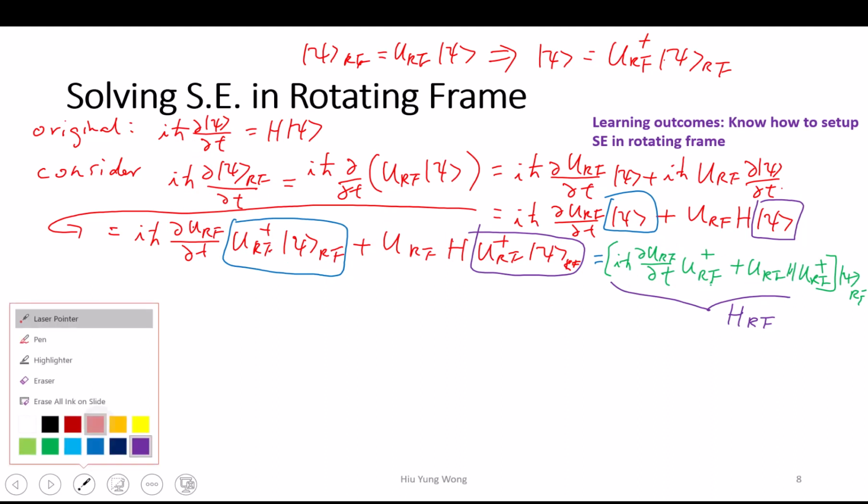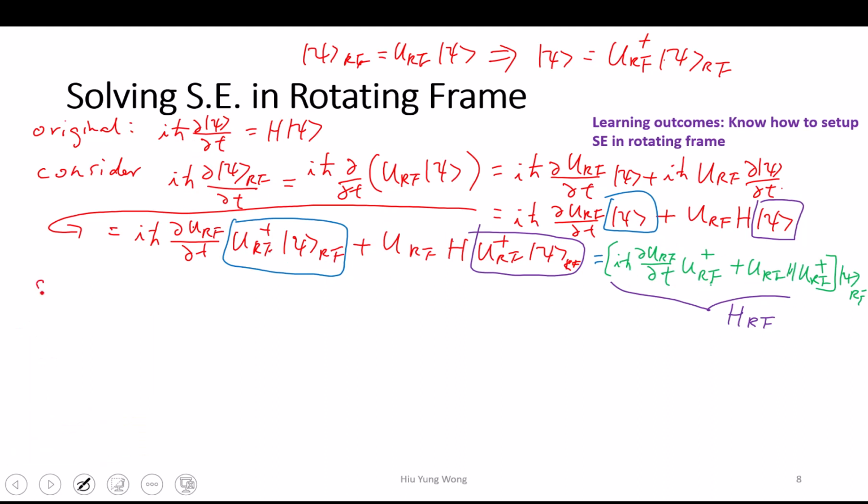So how do I solve it? i h bar partial psi RF divided by partial t equals H_RF psi RF. And this is what we have done so far. We come up with this.